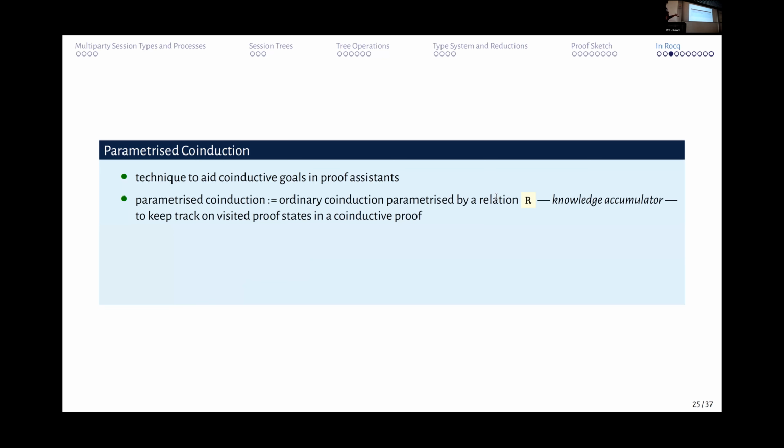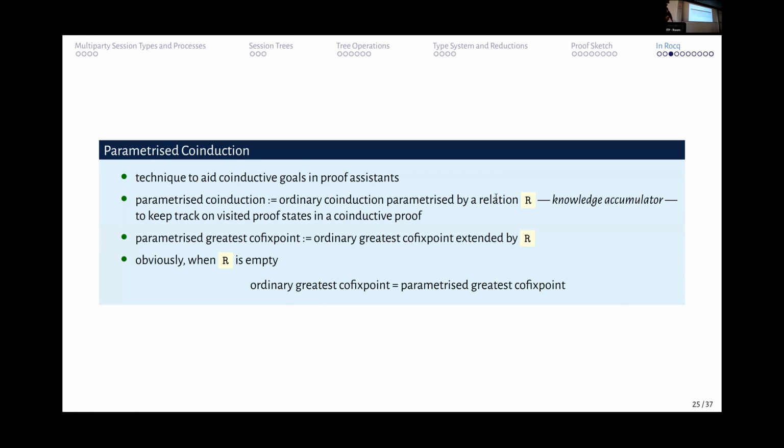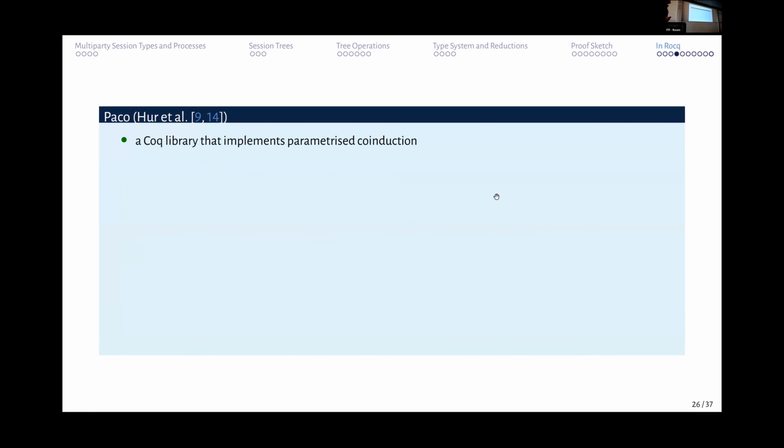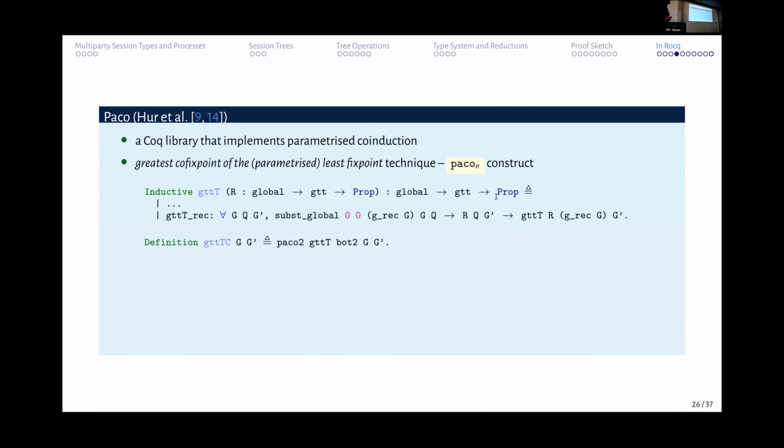It's ordinary co-induction parameterized by a relation. And then the greatest fixed point is the ordinary co-fixed point extended by that relation. And then we start with the empty relation, which is sort of what we expect. To do this, we use the Paco library, which implements parametrized co-induction.